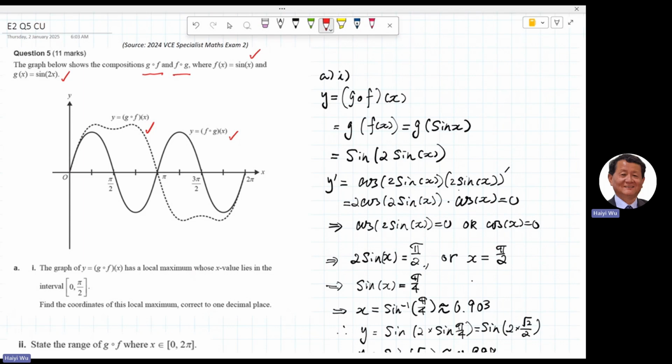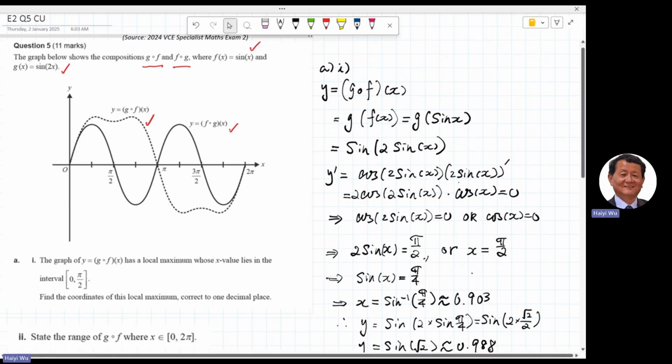Then we're going to see what the composite function is so that we can solve for differentiation. Okay, first let's do y equal to g circle f.